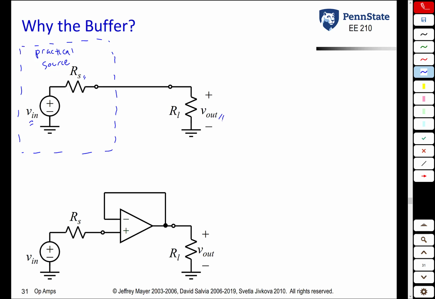Does it equal V in? No, because of loading. From voltage division, V out is going to be RL over RL plus RS times V in. V in is what we call the nominal voltage of the source, and V out is what we call the terminal voltage, what we actually get.